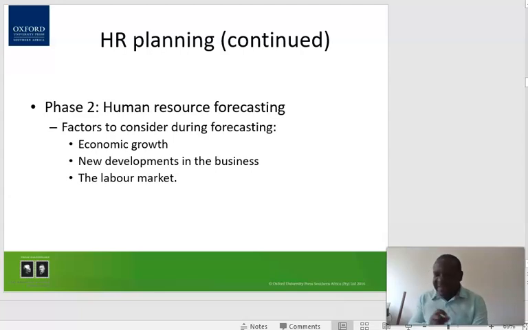And once that is the case, it will mean that we need more people to work in our organization. Assuming the reverse is true, we are assuming that there will be an economic recession. What would that mean to our organization? It may also mean that we may need to cut on some jobs.